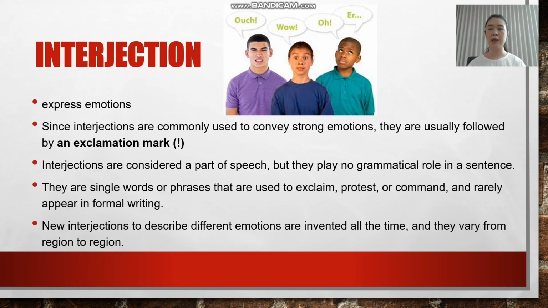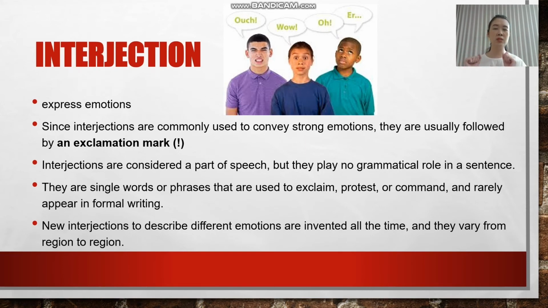And alright, finally, we are here, the last type of part of speech in English, called interjection. Okay, I can say that interjection is different. It's totally different from the previous 7 types of part of speech.